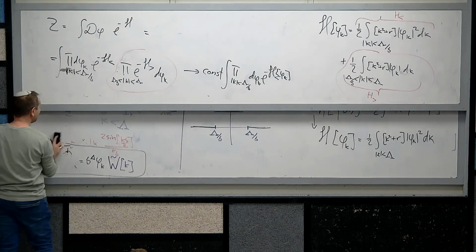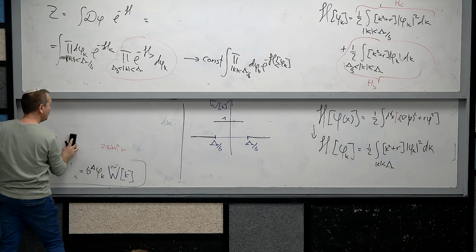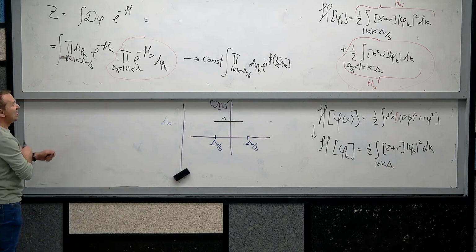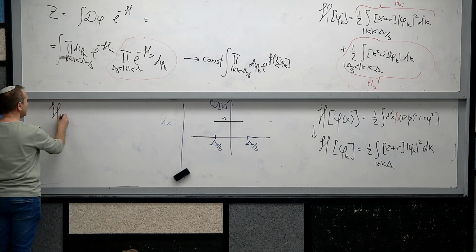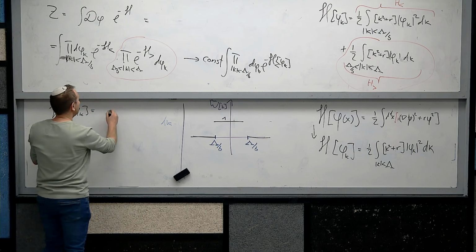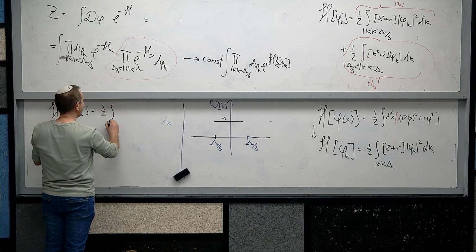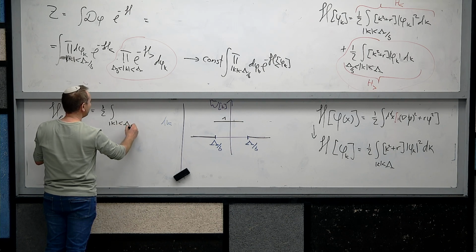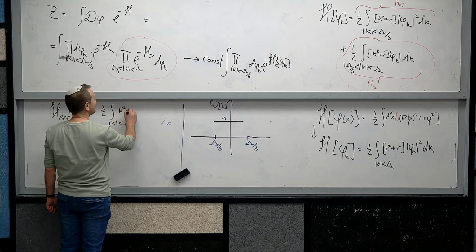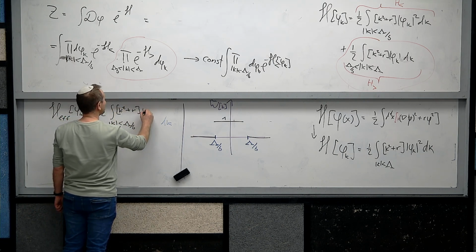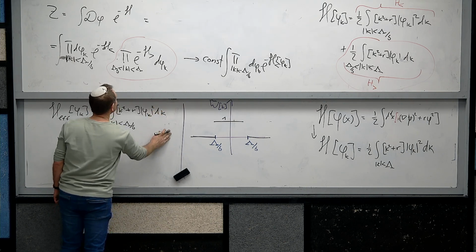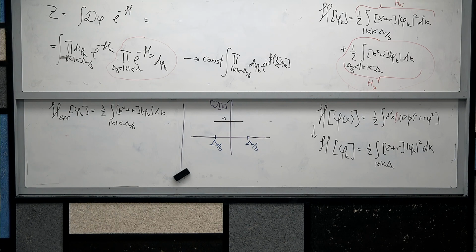So we only look at the following Hamiltonian, which is h effective of phi of k. It is 1/2 an integral k smaller than lambda divided by b of k squared plus r multiplied by phi k absolute value squared dk. Okay.